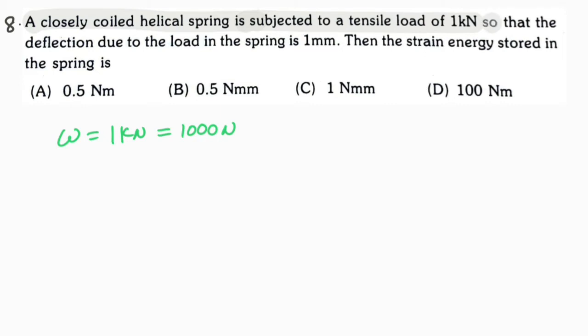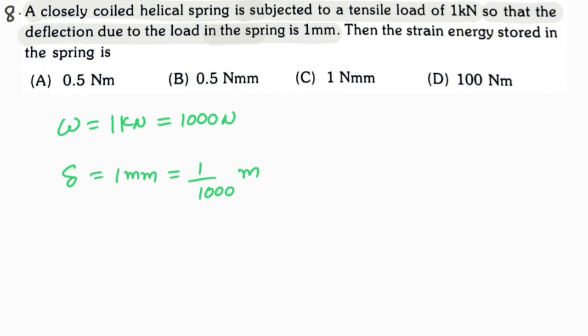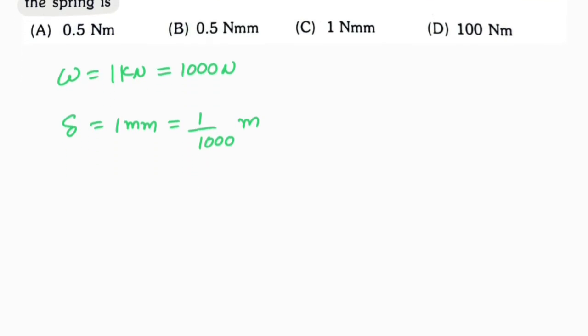The deflection due to the load in the spring is 1 mm. Deflection, denoted by delta, equals 1 mm. To convert to meters, it is 1 by 1000 meters. Then you are asked to find the strain energy stored in the spring.